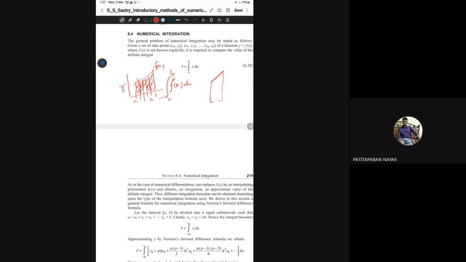And from there the name trapezoidal comes. So what is the area of a trapezium? From high school we know the area of a trapezium. A trapezium has two parallel sides.